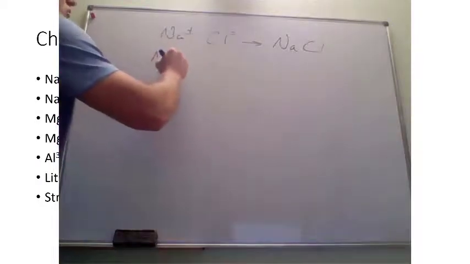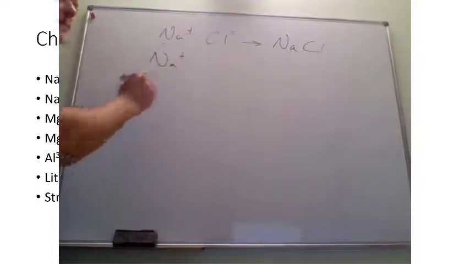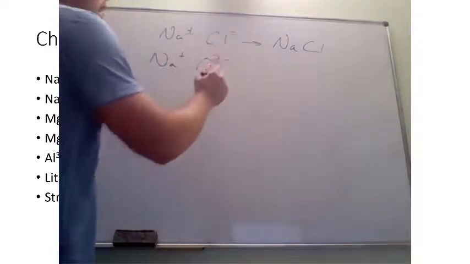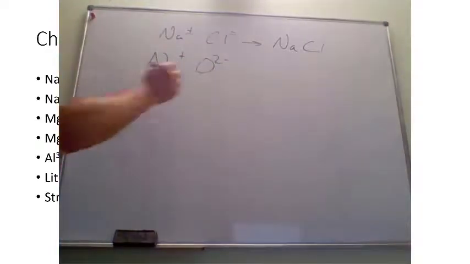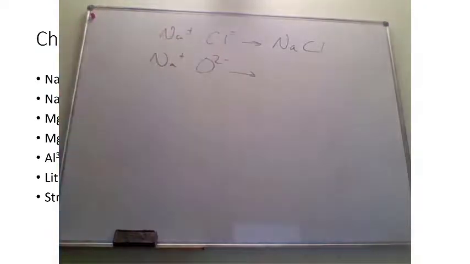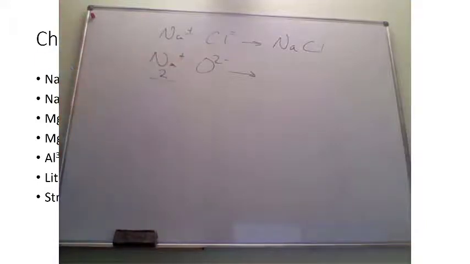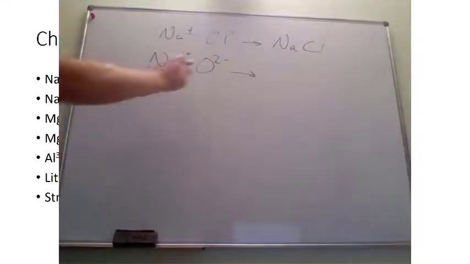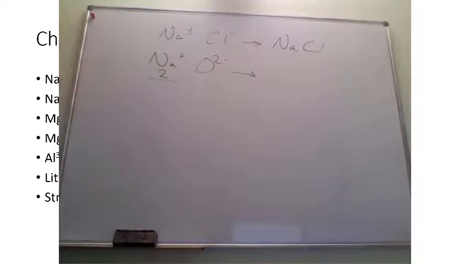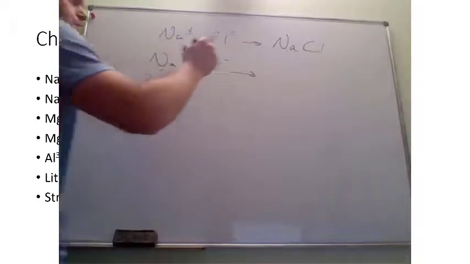Moving on next to sodium, which is a +1 cation, and oxygen, which is a 2- anion. In order to create an electrically neutral molecule, we would have to have two of these sodium plus charges for every one oxygen, which carries a 2- charge.